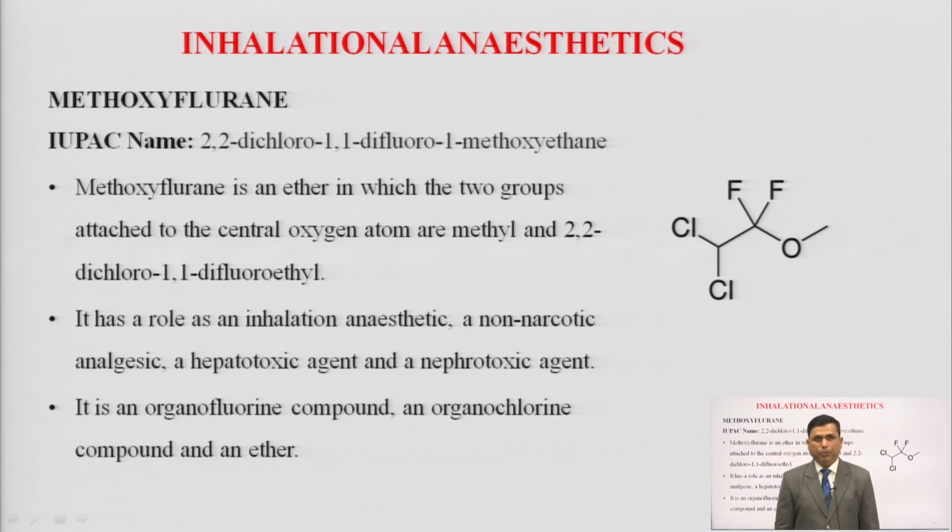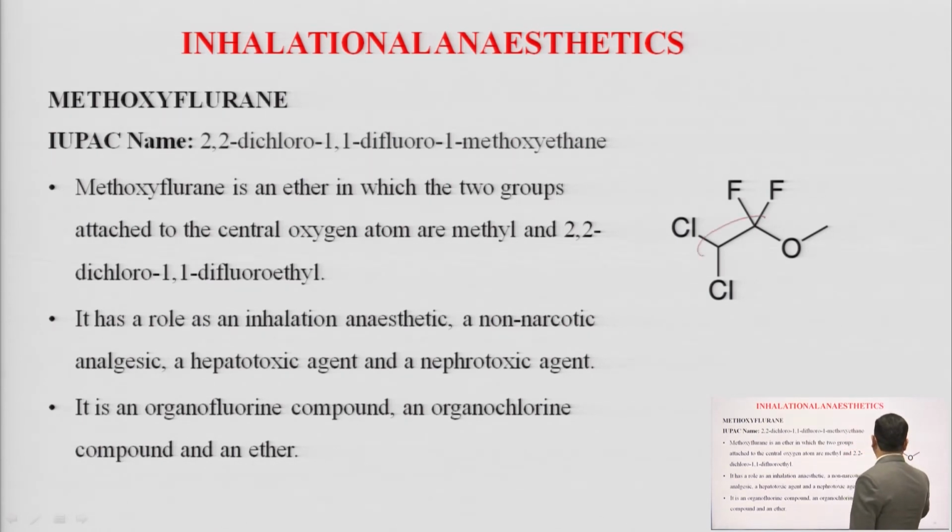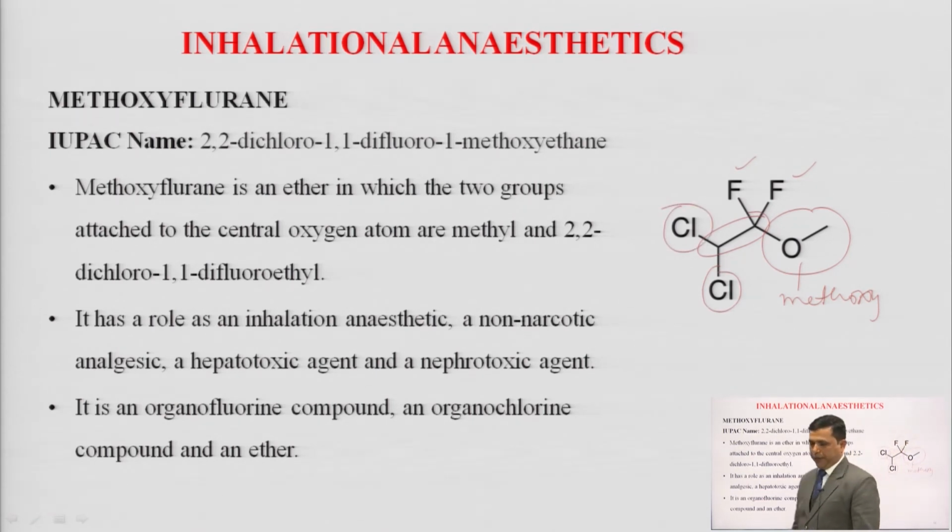Methoxyflurane. Again it is made up of 2 carbon atoms, and 1 carbon atom has the methoxy group and 2 fluorine atoms, and the other has 2 chlorine atoms. So, the IUPAC name is 2,2-dichloro-1,1-difluoro-1-methoxyethane.